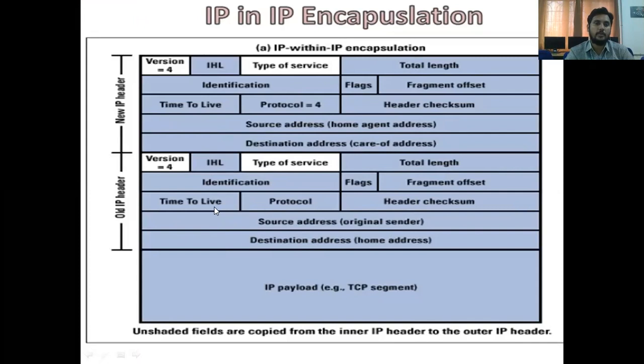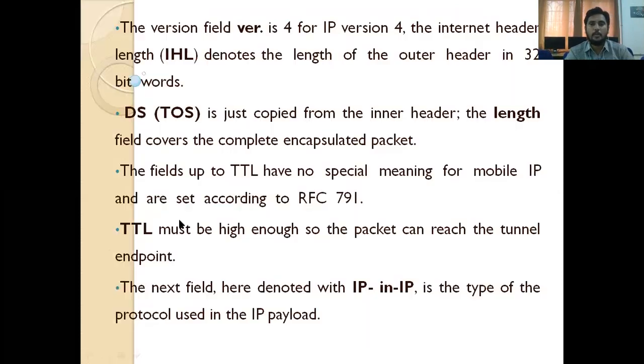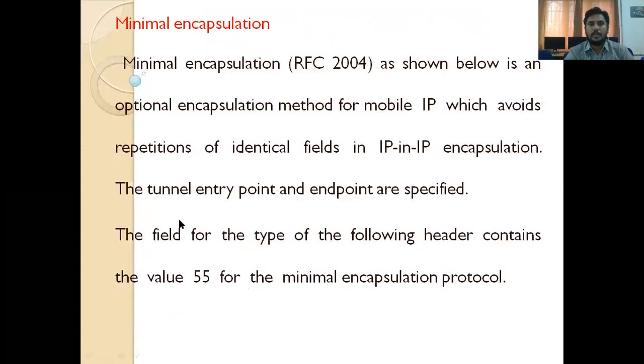TTL is different because TTL is decreased from the old IP header to the new IP header. But in minimal encapsulation, the repetition of identical fields is avoided. The tunnel entry point and end point are specified.